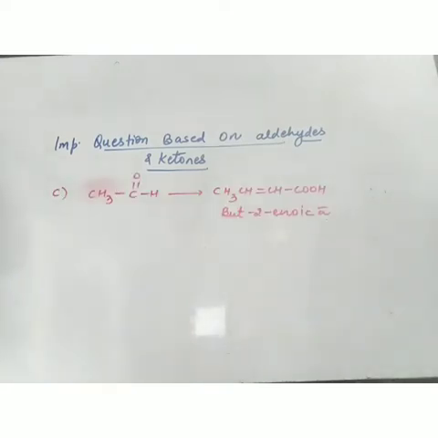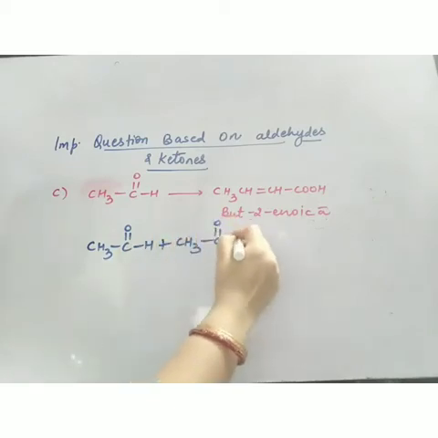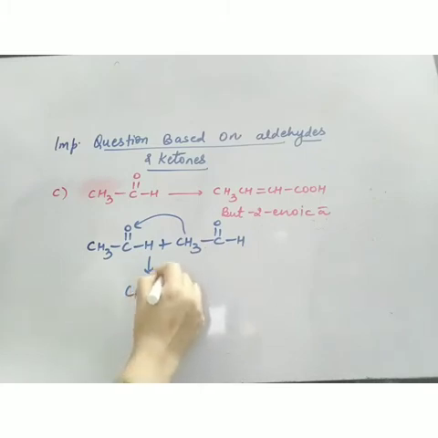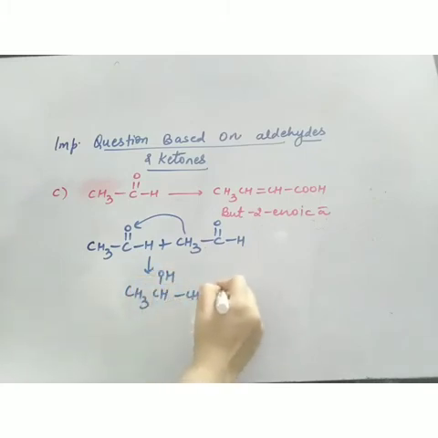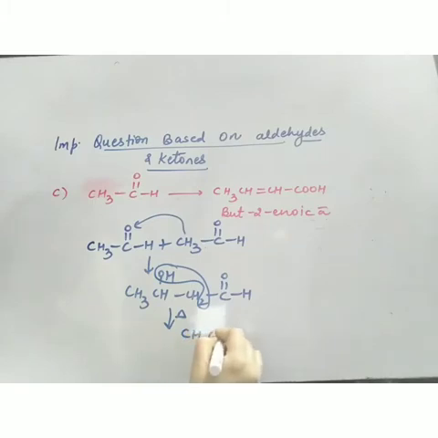Now the third conversion is, convert ethanal to but-2-enoic acid. Again self aldol is done. So this is my aldehyde, and self aldol is done like this. Now I will heat it, because I want to change it to alkene. So OH from here and H from here leave, and I get this compound. The double bond has come.